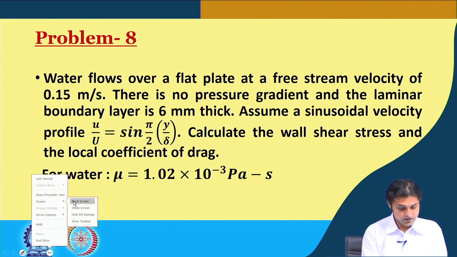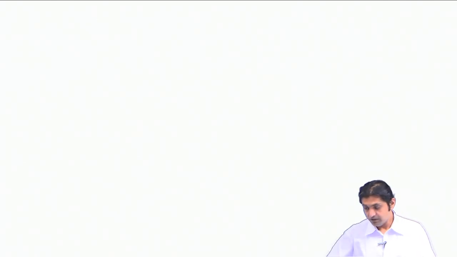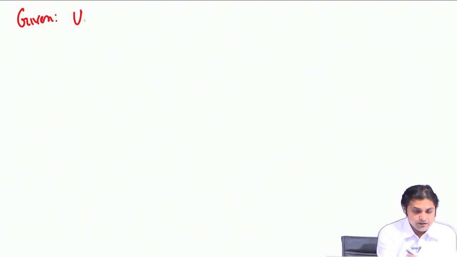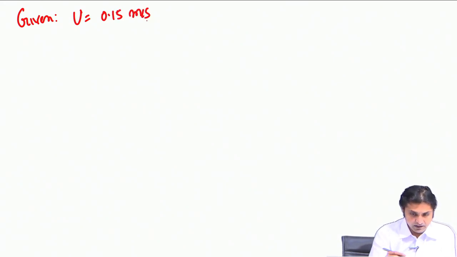So, as always, we are going to have the things that are given. So, given capital U is 0.15 meters per second. Okay.